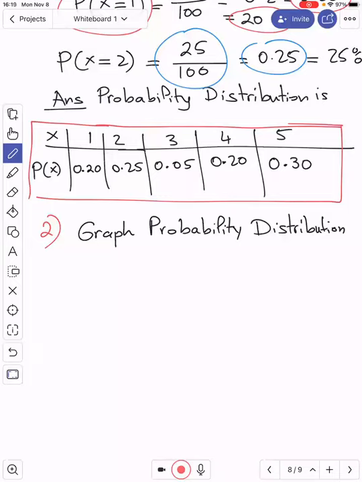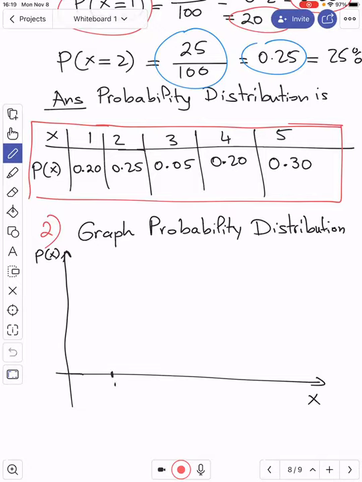So here on the horizontal axis, we're going to have X. On the vertical axis, we're going to have P of X, the probability of X, right? On X, this is 1, this is 2, the possible values of X: 1, 2, 3, 4, and 5.